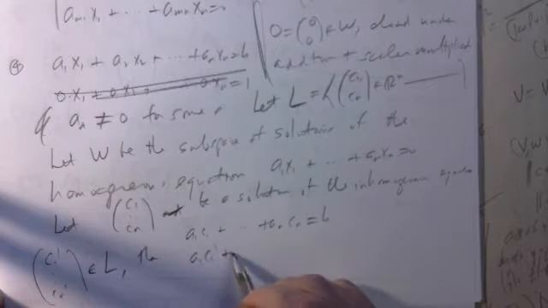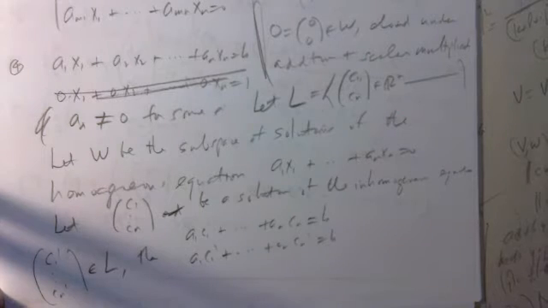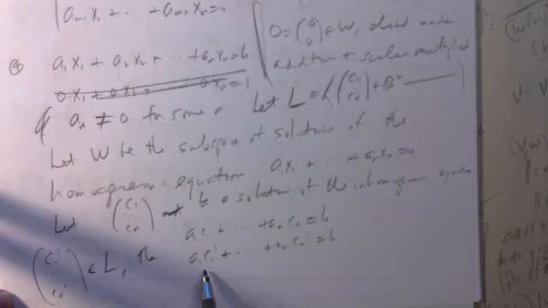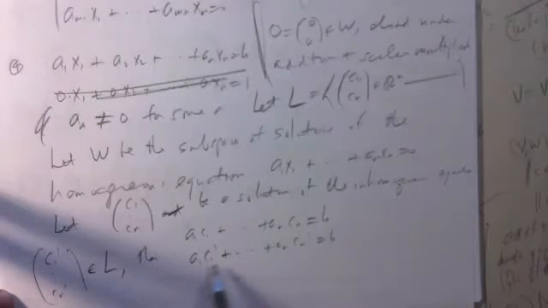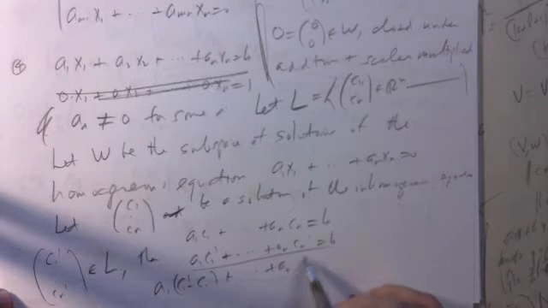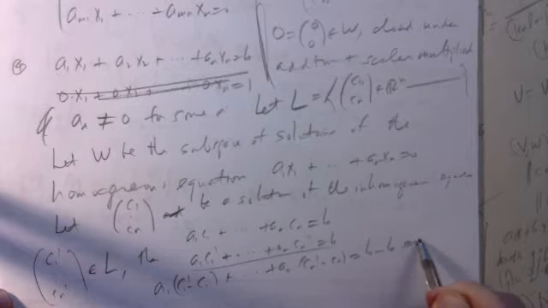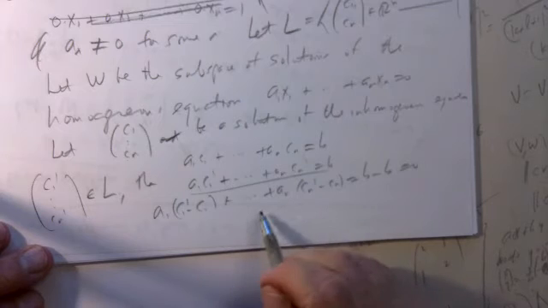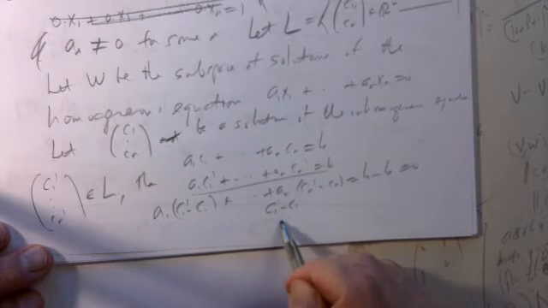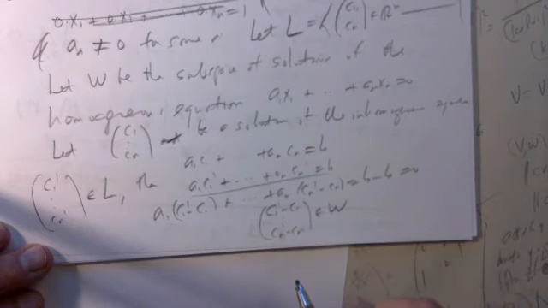And a1 c1 prime up to an cn prime is equal to b, because this is a solution. And what happens if you subtract? If you subtract, you get a1 times c1 prime minus c1, up to an times cn prime minus cn equals b minus b, or 0. So that says that this vector c1 prime minus c1 down to cn prime minus cn is in W.